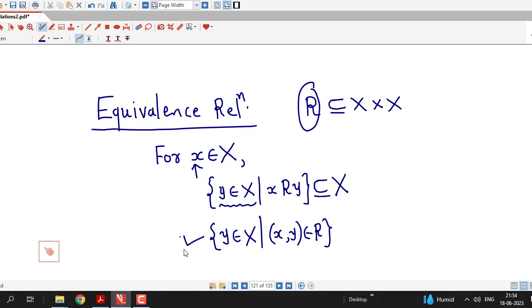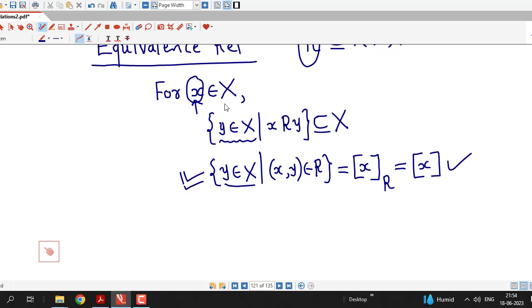So this set is the set of relatives of x in a given set X, and this set is called equivalence class generated by this element x, and it is denoted by this notation. And here we can write capital R to specify that we are using this R equivalence relation, or we can simply write equivalence class of x in this way also.